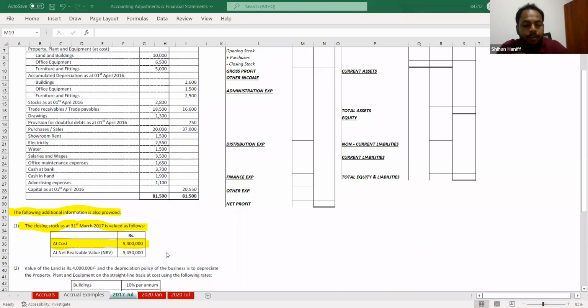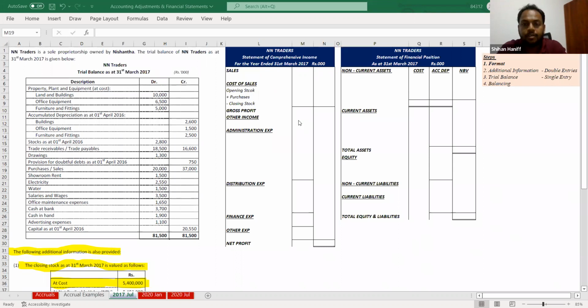What is the double entry? Stock account debit. Stock account means the current asset, inventories, 5,400. Then cost of sales 5,400.